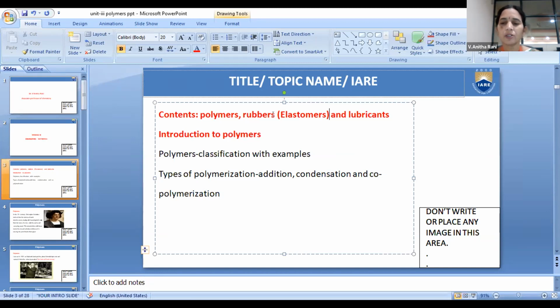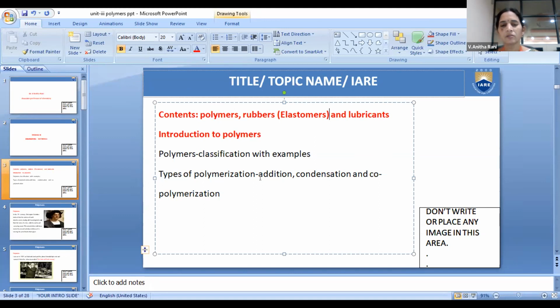Now, you write, students, what we are going to discuss. In your notes, everybody write down polymers. First topic, types of polymerization.